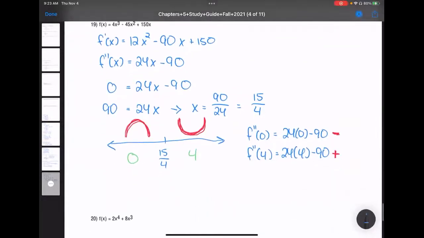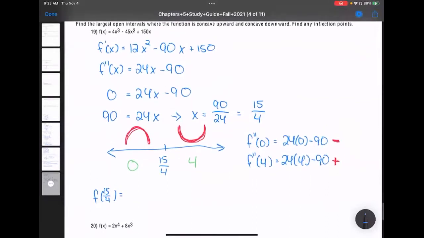The last step we want is to find out the pair that goes with the x value of 15 over 4. So we go back to our original function and plug that in. And I'm just going to do this on my calculator so that I don't have to do it out.